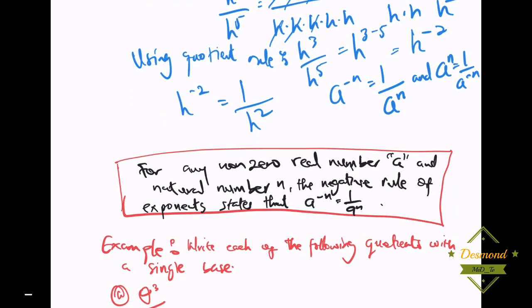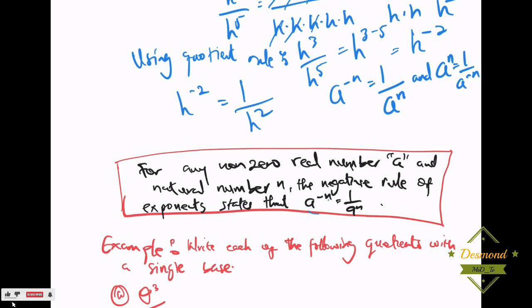Now let's take the main rule here. With the negative rule of exponents, for any non-zero real number a and a natural number n, the negative rule of exponent states that a exponent negative n is equal to 1 on a exponent n. That is the negative rule of exponent.